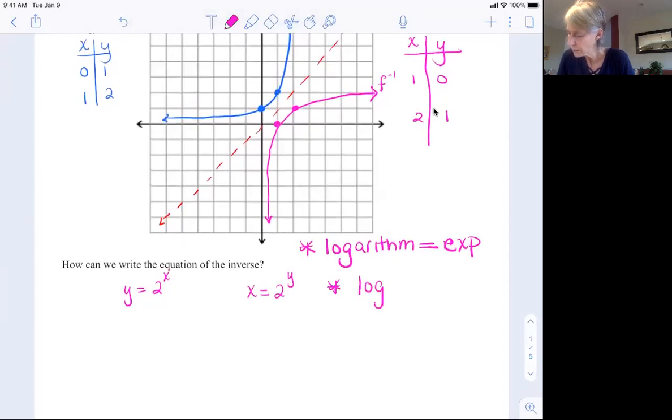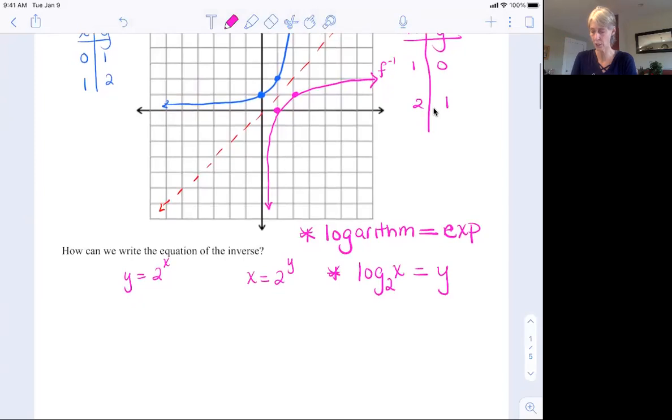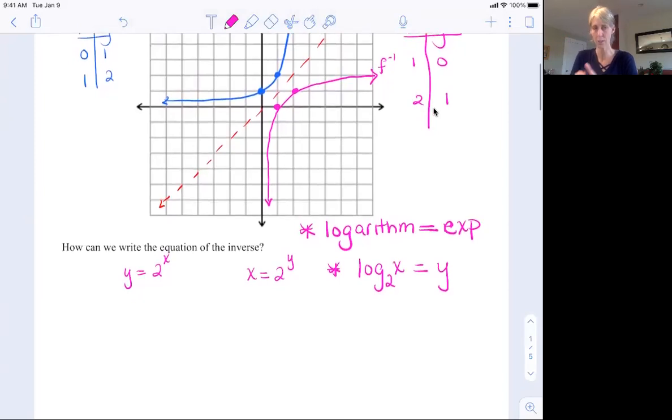Log equals, and if you think about it, what's the exponent in this rewritten inverse function? Log equals y is the exponent. And then 2 is going to be our base. And x is what we're going to call the argument, but it's the answer to the exponential equation. I know it sounds weird, so we're going to summarize this again in just a minute.